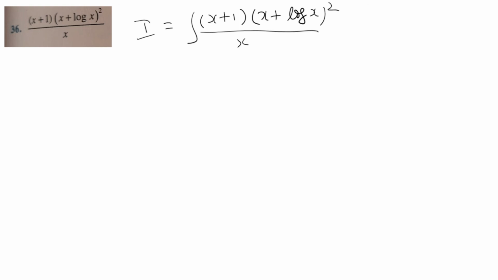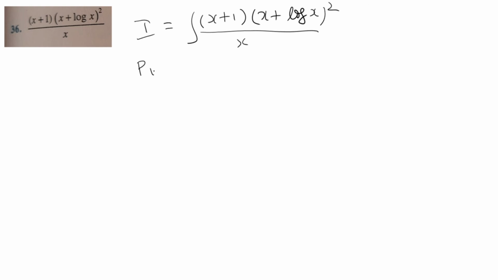It is (x plus 1) into (x plus log x) the whole square by x. So let us take I equal to the integral of (x plus 1) into (x plus log x) the whole square by x.